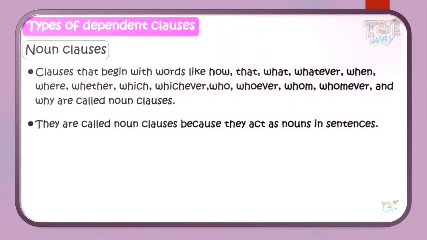Clauses that begin with words like how, that, what, whatever, when, where, whether, which, whichever, who, whoever, whom, whomever, and why are called noun clauses. They are called noun clauses because they act as nouns in sentences.